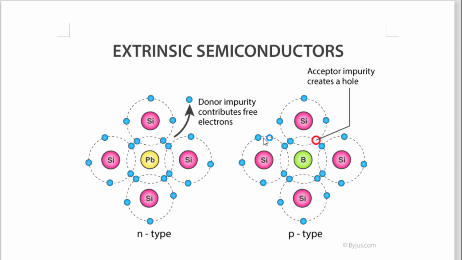Like that only, if you take silicon, silicon, silicon, silicon, and add a trivalent atom, then here there is a hole. You can see it in red. This is the vacancy of an electron. Here there are 1, 2, 3, 4, 5, 6, 7, 8. Where do these 8 come from? One from each of the 4 silicon atoms, and 4 from the pentavalent impurity.